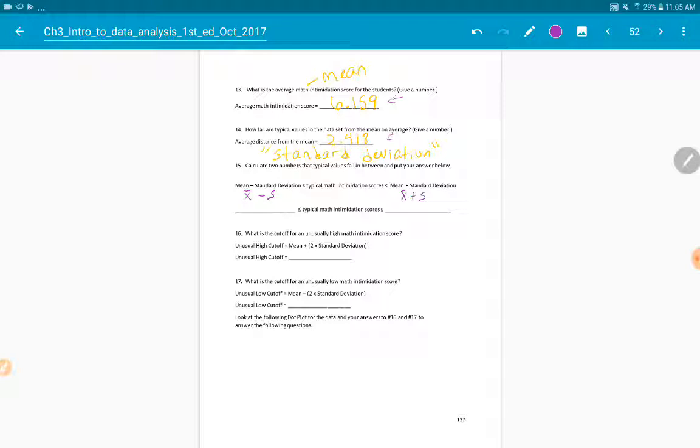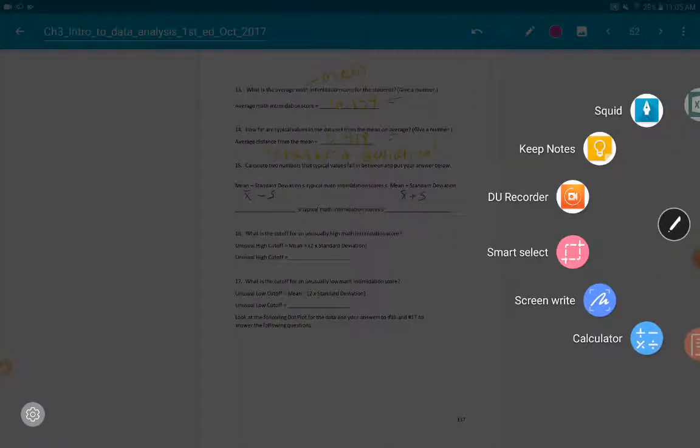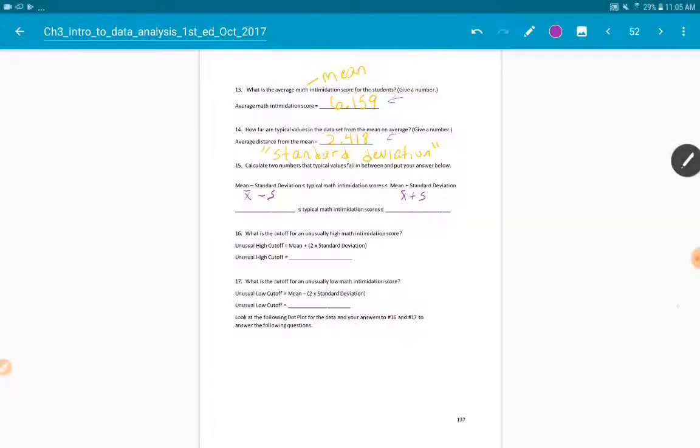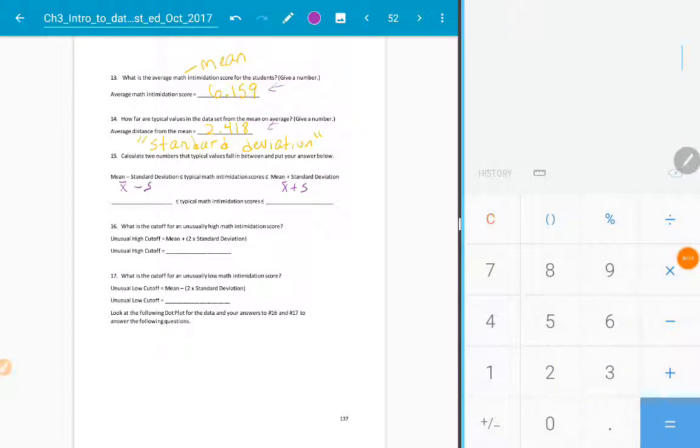So I'm going to get my handy dandy calculator here to find 6.159 minus 2.418, and then the same thing plus 2.418.